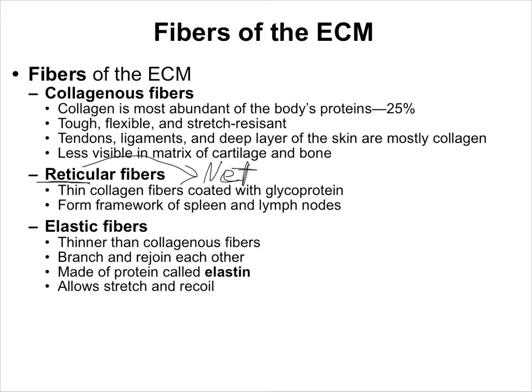Sometimes your filtering organs, so things like your spleen and lymph nodes and other immune system organs, will be made out of reticular fibers, because these are places where your white blood cells need to be able to meet up with each other and talk and share information about all of the various antigens or microbes that they've found, so that they can coordinate in keeping your body safe.